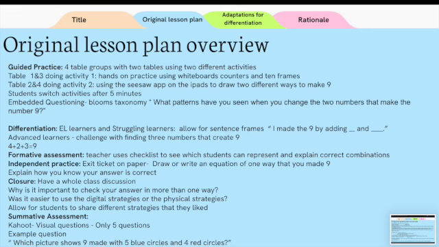For our differentiation, I had already integrated just a simple format of differentiation. For our EL learners, we can allow for sentence frames, and for our advanced learners, we can challenge them to find 3 numbers to create the number 9.